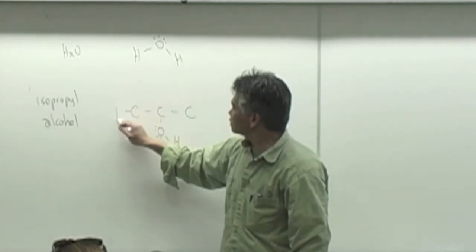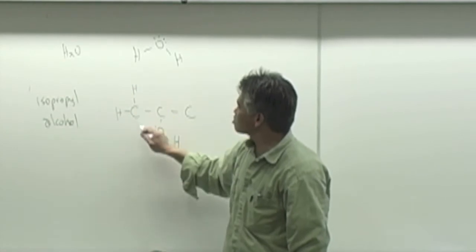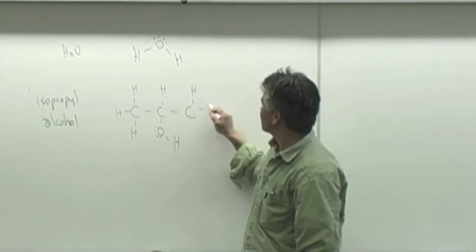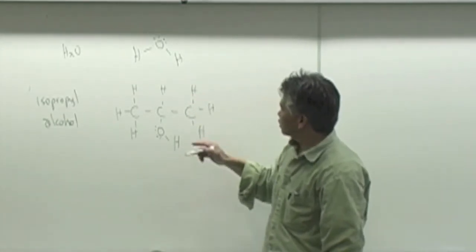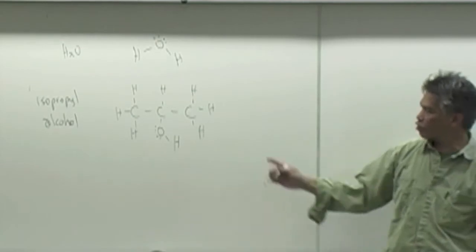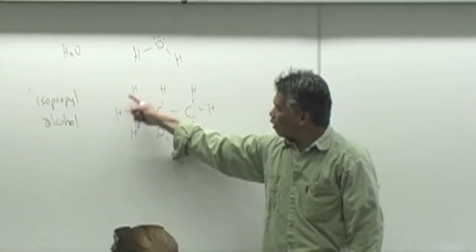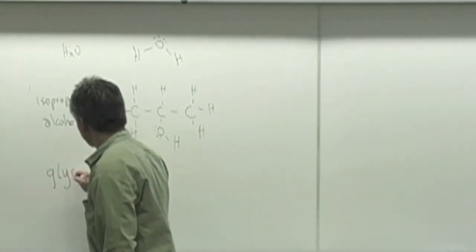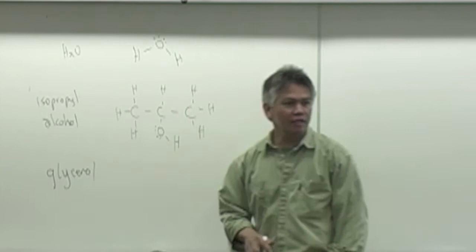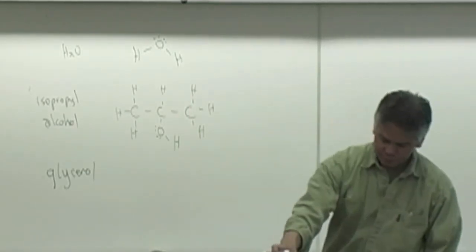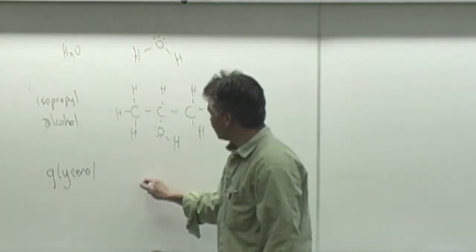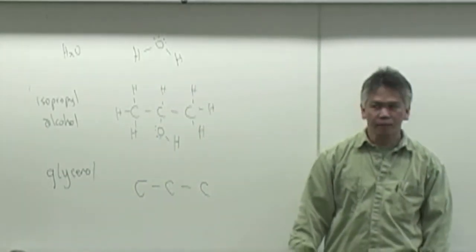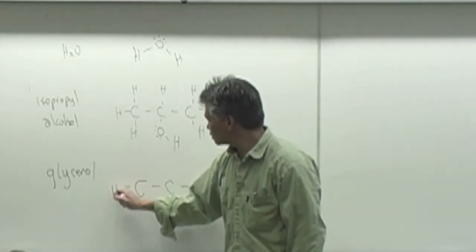And then the other carbons have hydrogens attached. So this is isopropyl alcohol. It's got 3 carbons, 8 hydrogens, and 1 oxygen. It's got 3 carbons as well. 1, 2, 3. Each carbon has 4 bonds.